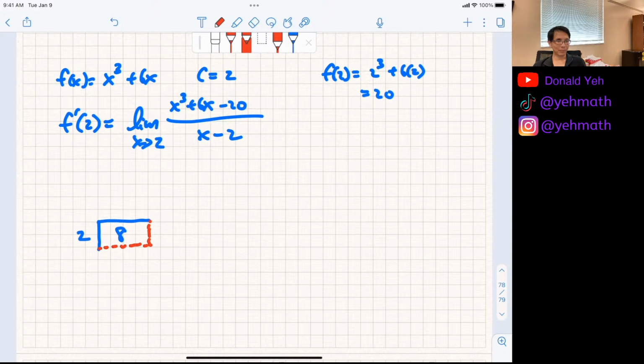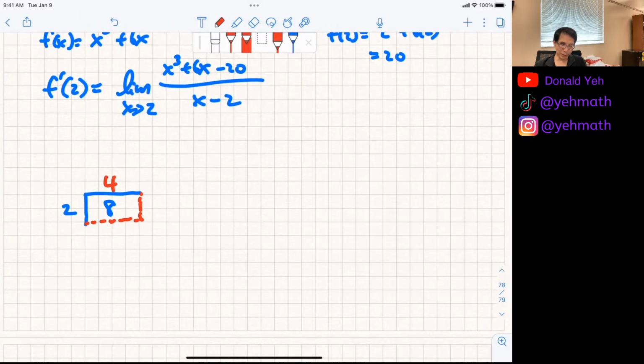Yep, the area is 8. If the height is 2, what is my width? Which is 4. It's pretty cool. 2 times 4 equals 8, or 8 divided by 2 equals 4, which is finding the other side. Pretty interesting.